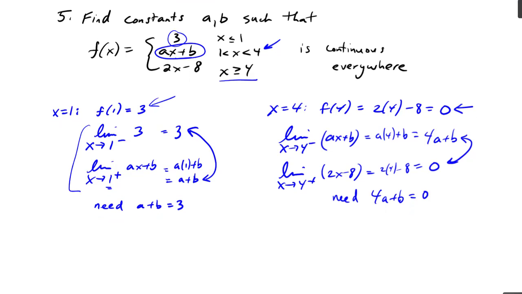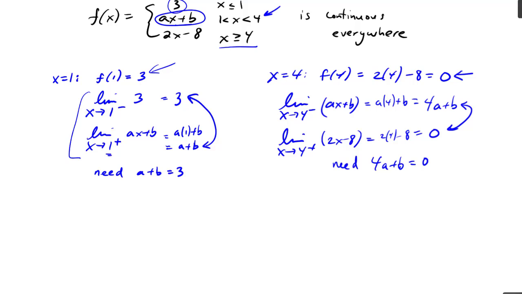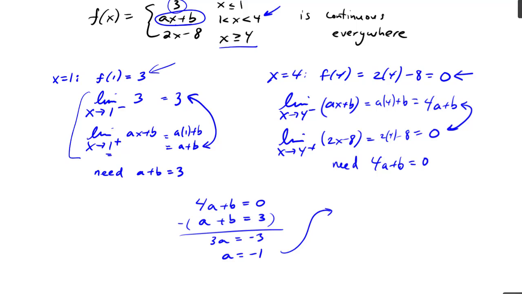Okay, so I need those things true. So I'm going to need 4a plus b equal to 0 and a plus b equal to 3. If I subtract these, I get 3a equals, so I subtract, negative 3. I get a of negative 1, and that means a plus b is 3, so negative 1 plus b is 3.